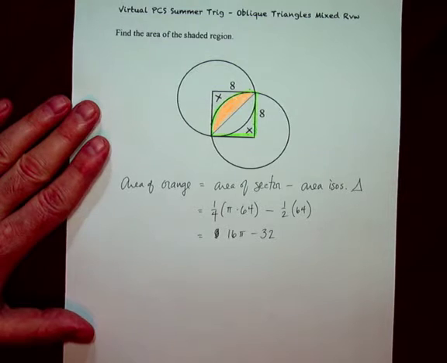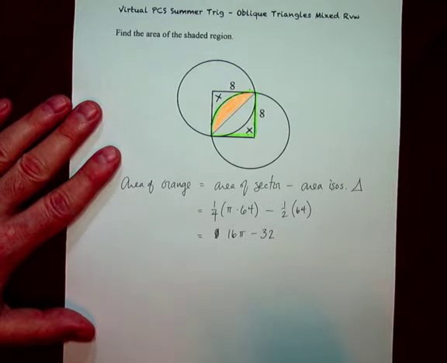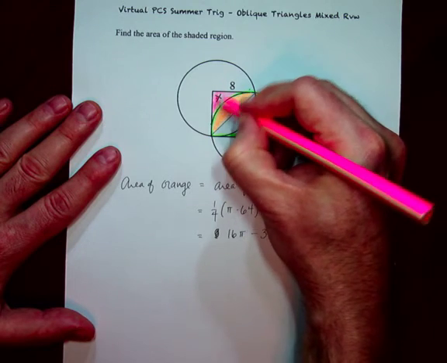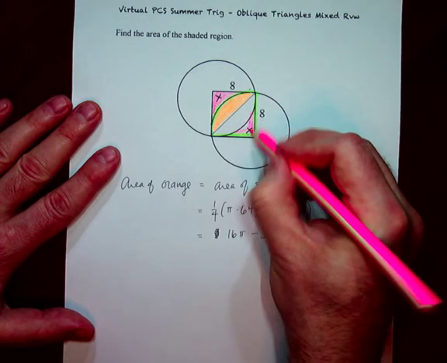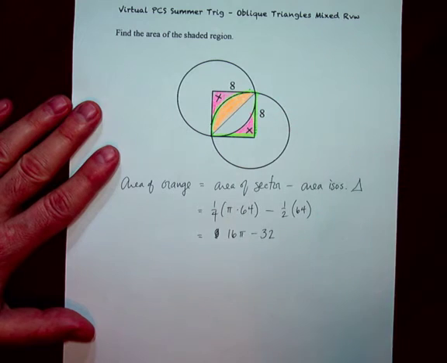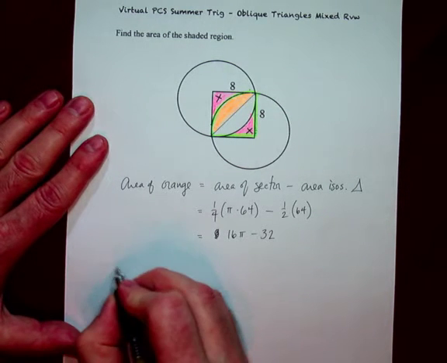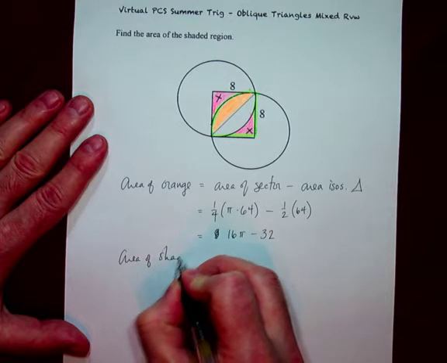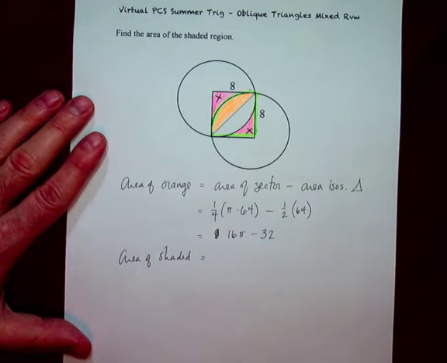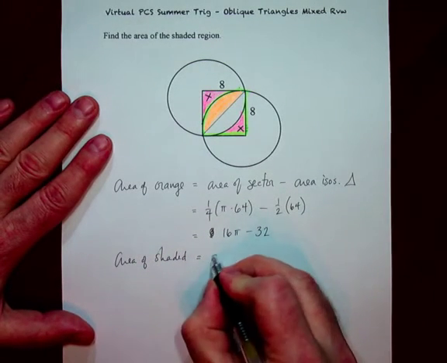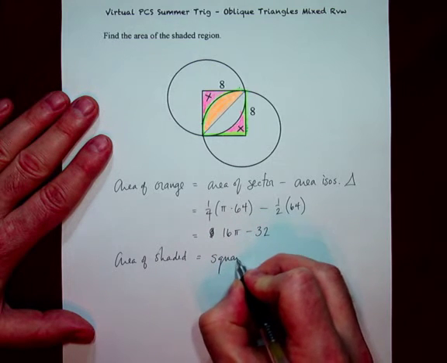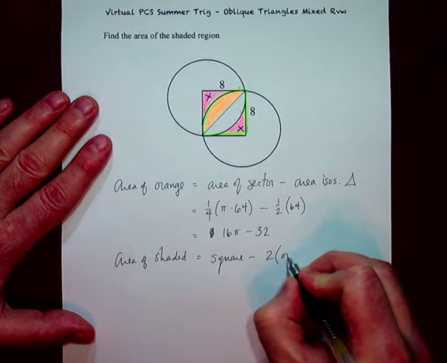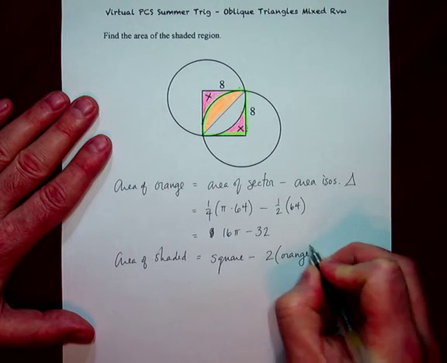Well, the area that I'm looking for is these, right? I'm looking for the 2 regions right there. So if I'm looking for the area of the shaded region, what they call the shaded region, I'm looking for the square minus 2 of those orange slices.